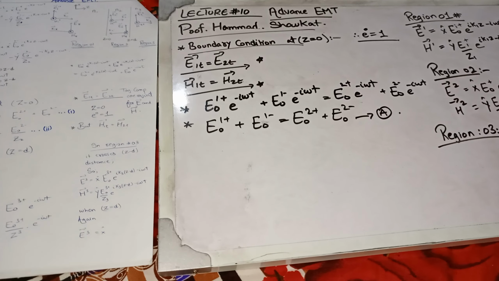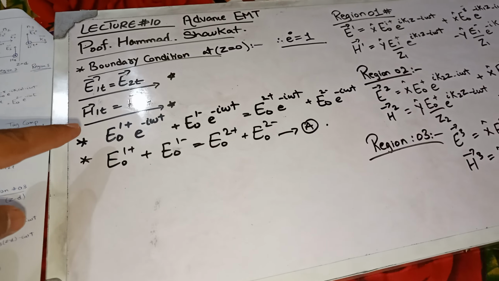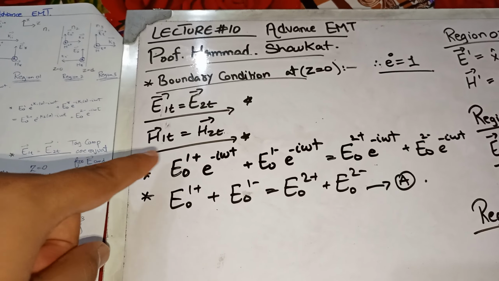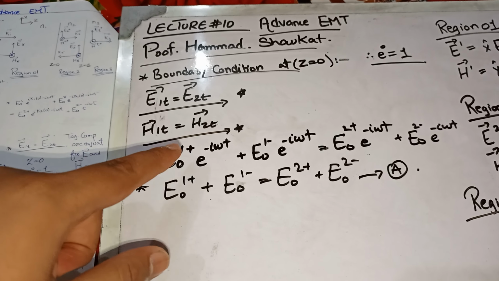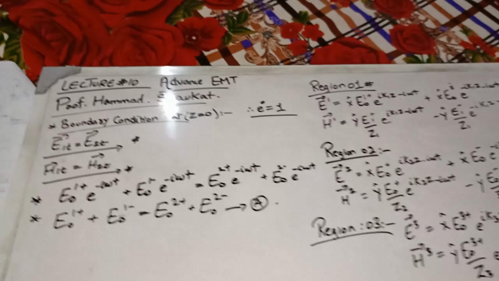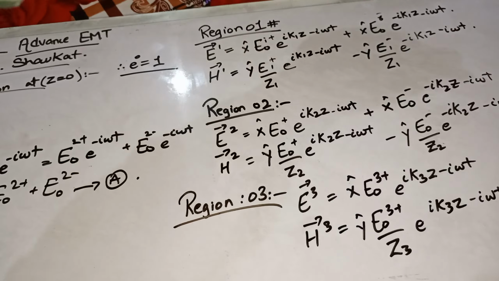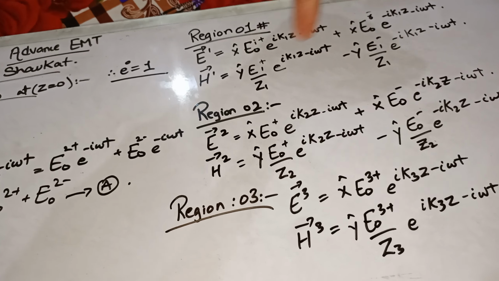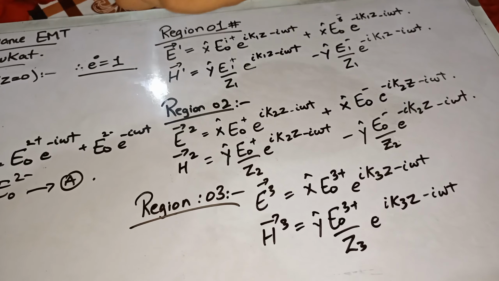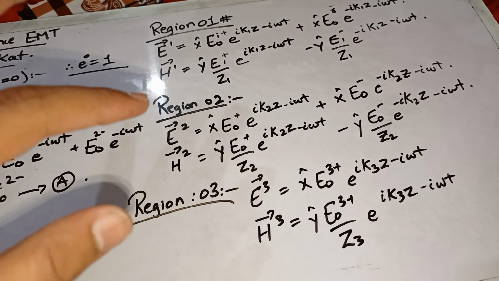Now what you have to do is apply the same boundary condition to the magnetic field, because you know that the tangential components of the magnetic field H are also continuous, also equal. So again you have to put z equals 0 in the magnetic field equation for region 1, and again put z equals 0 in the magnetic field in region 2.